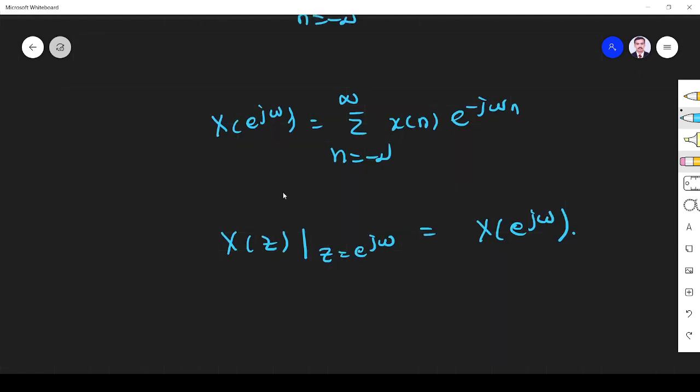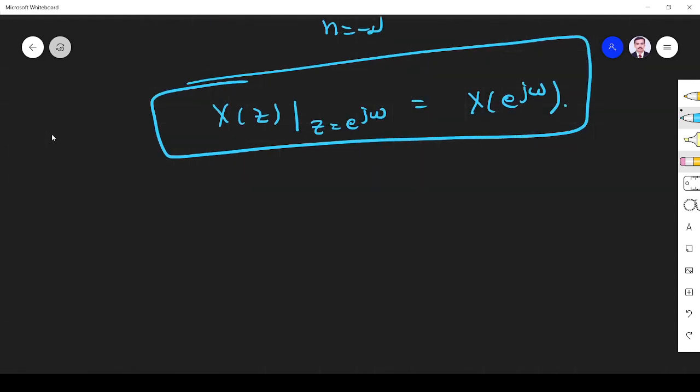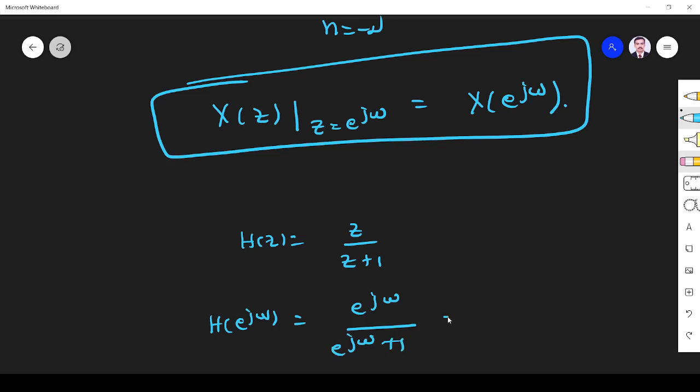If I want to convert the Z transform into DTFT, wherever you find z, replace it by e power j omega. Suppose you have H of z is equal to z by z plus 1, and they ask what is the DTFT. Simply you replace z by e power j omega: e power j omega by e power j omega plus 1.